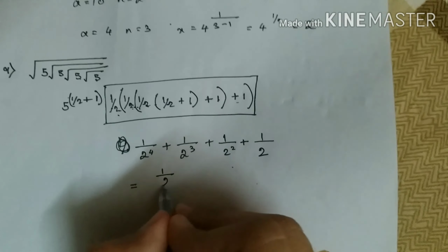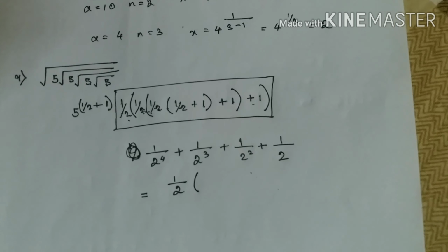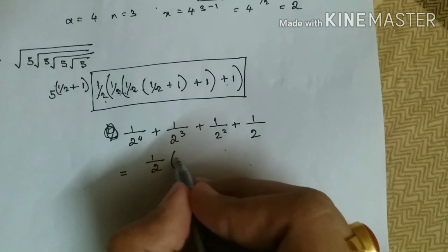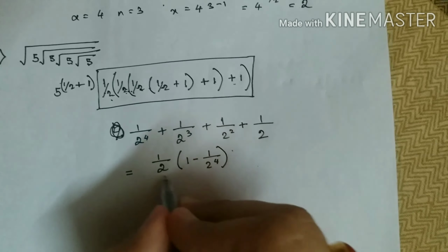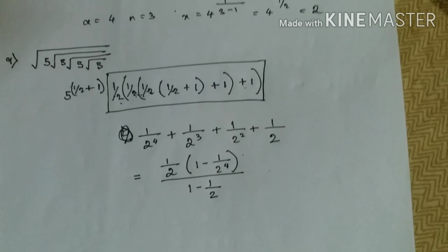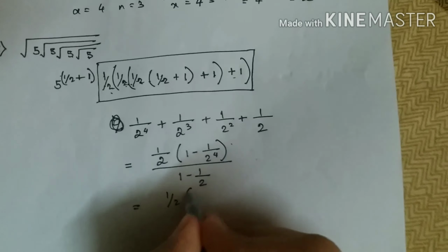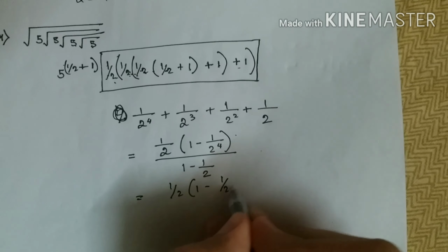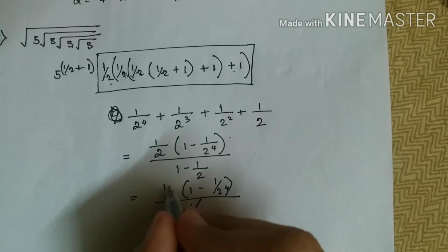Now sum of a GP series, use the formula a into 1 minus r to the power n by 1 minus r. So half into 1 minus 1 by 2 to the power 4, by 1 minus 1 by 2. Now this gives us half into 1 minus 1 by 2 to the power 4 by half, the half gets cancelled.